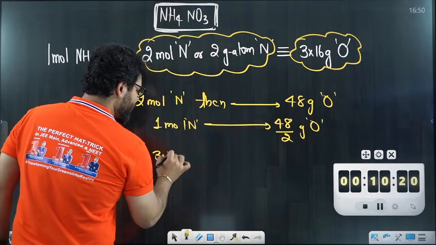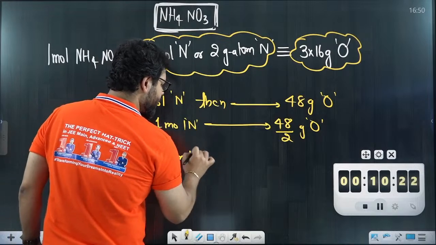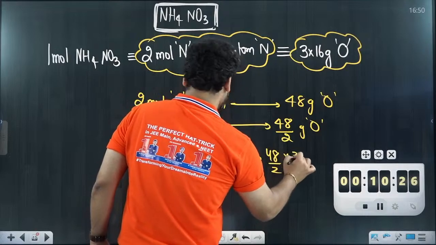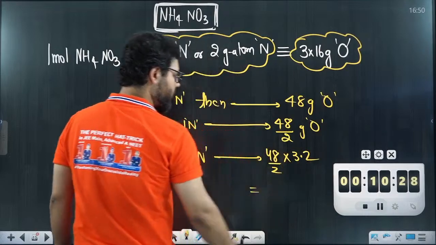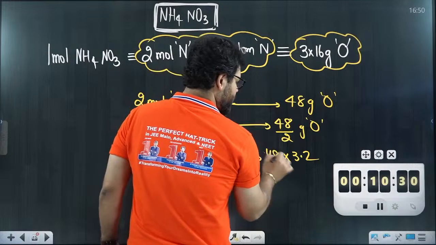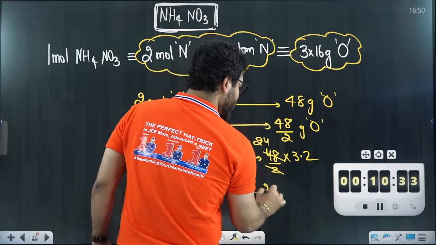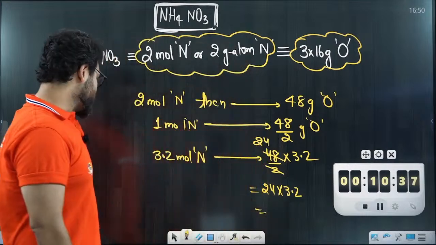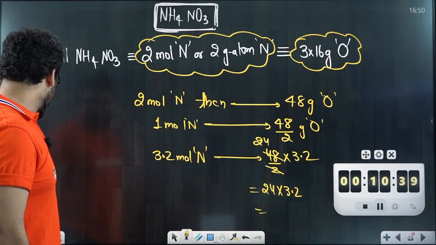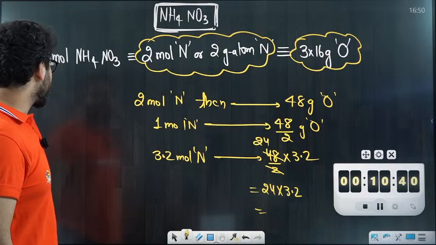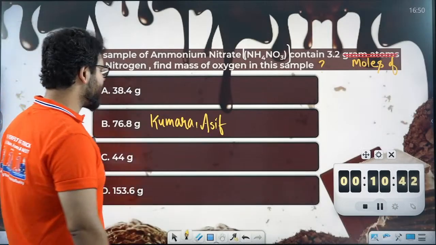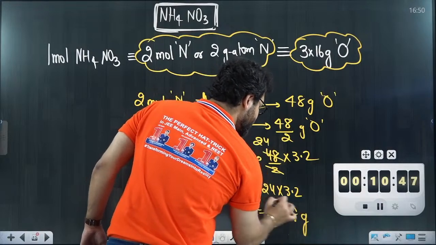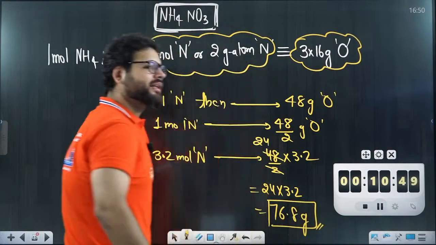And when 3.2 mole nitrogen is there, oxygen will be 48 by 2 into 3.2, which is 24 times 3.2, which is in the range of 70s, 76.8 gram. It was a little difficult question. I just gave it to you to challenge you.